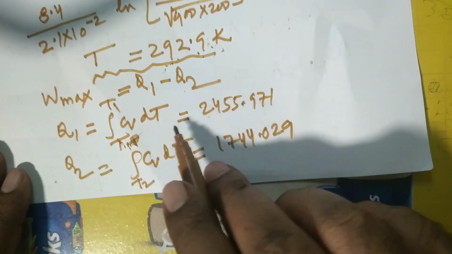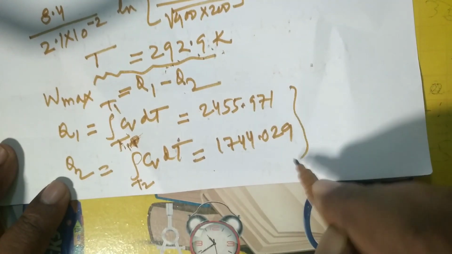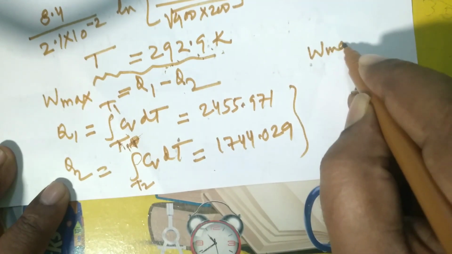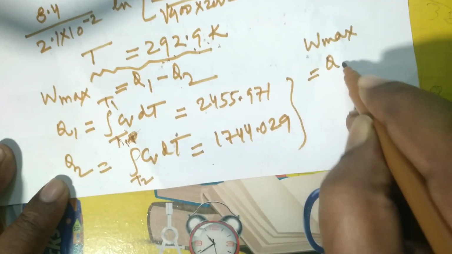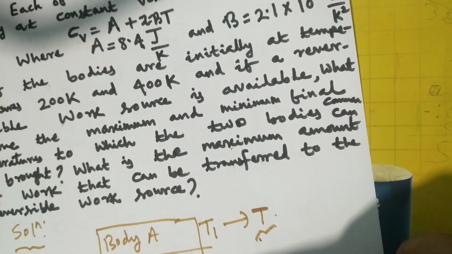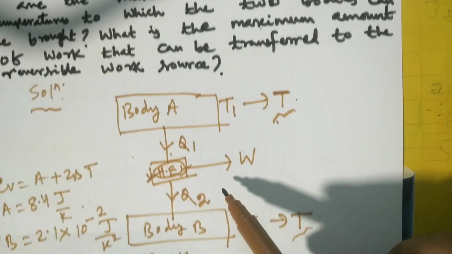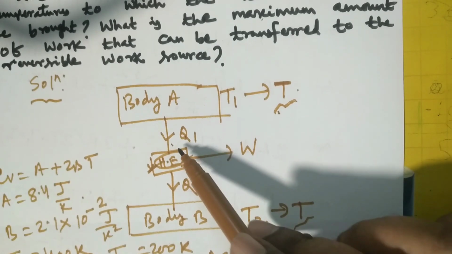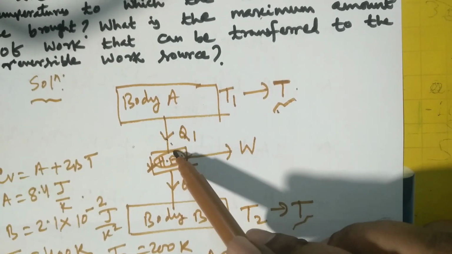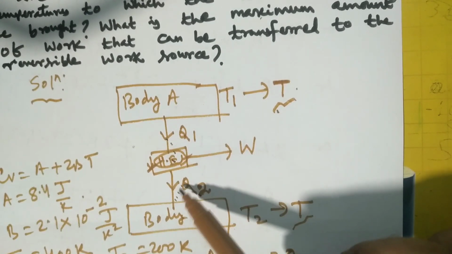Once we have calculated Q1 and Q2, W max will be Q1 minus Q2, because according to the first law of thermodynamics, sigma W cycle is equal to sigma Q cycle. For this cycle, Q1 is the heat input and Q2 is the heat output.